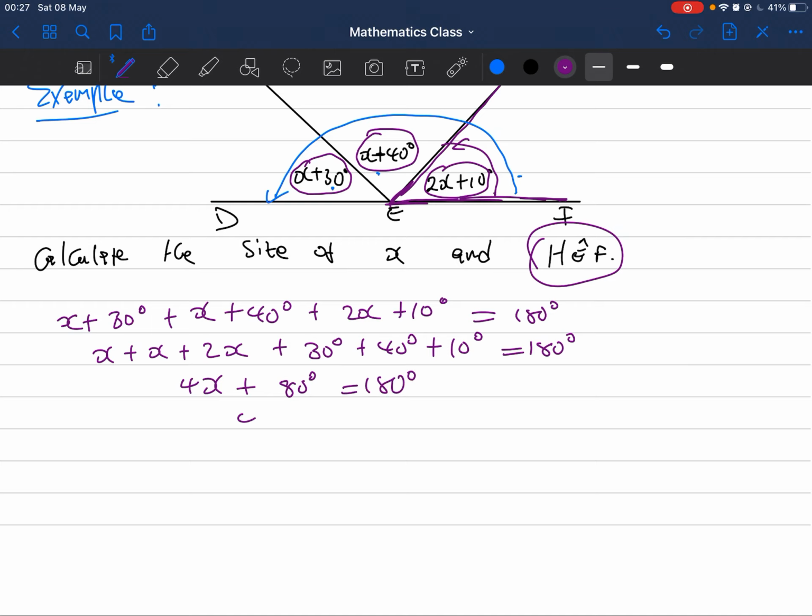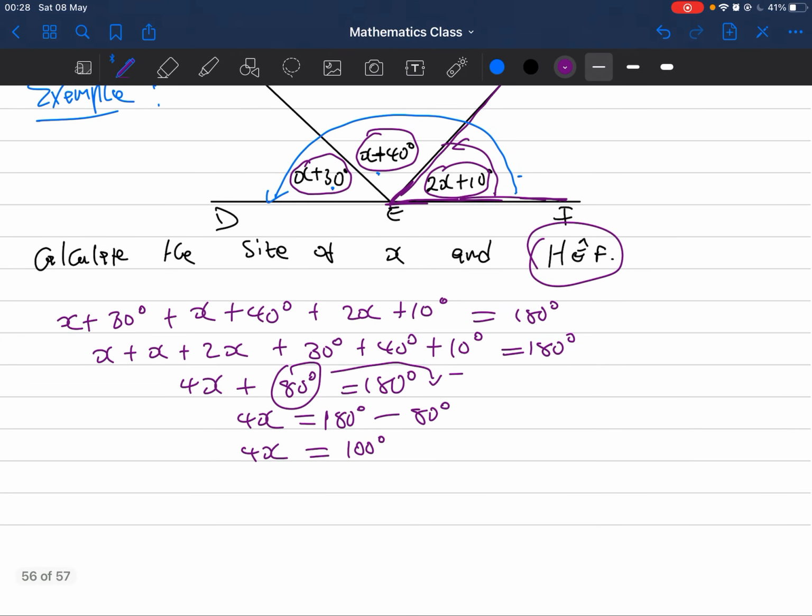And from here, you have 4x is equal to 180 minus 80, because the positive 80 goes to the other side and becomes negative. So your 4x is equal to 100 degrees.